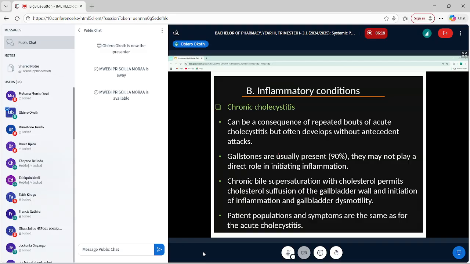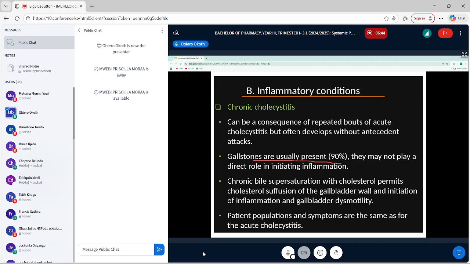Okay. Now, chronic cholecystitis can be a consequence of repeated bouts of acute cholecystitis, but sometimes it can develop without any antecedent attack. And most of the time, chronic cholecystitis is related to gallstones. But we think gallstones might not be the main reason.